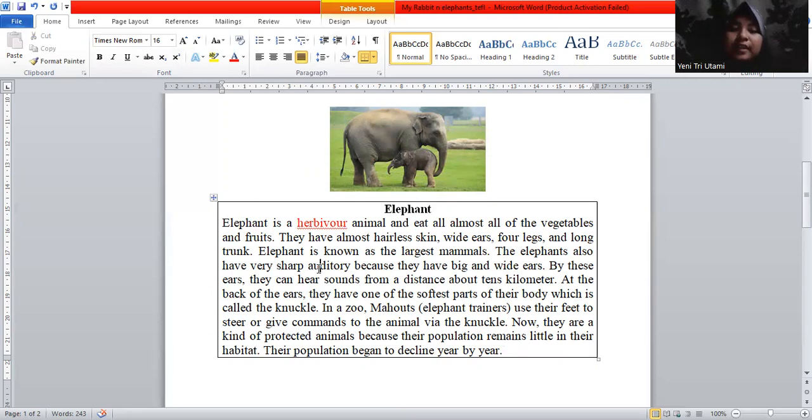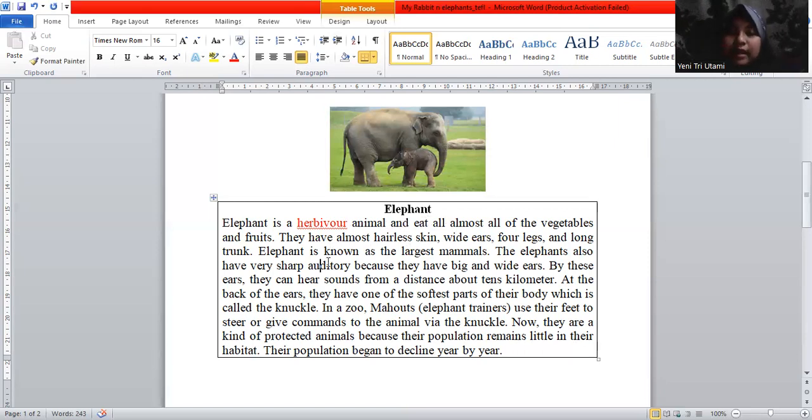So herbivore basically is a term for, students, do you know? It's a term for an animal whose food is either grass, vegetables, or fruits like this. So this elephant is known as a herbivore animal because they eat grass, vegetables, and also fruits.